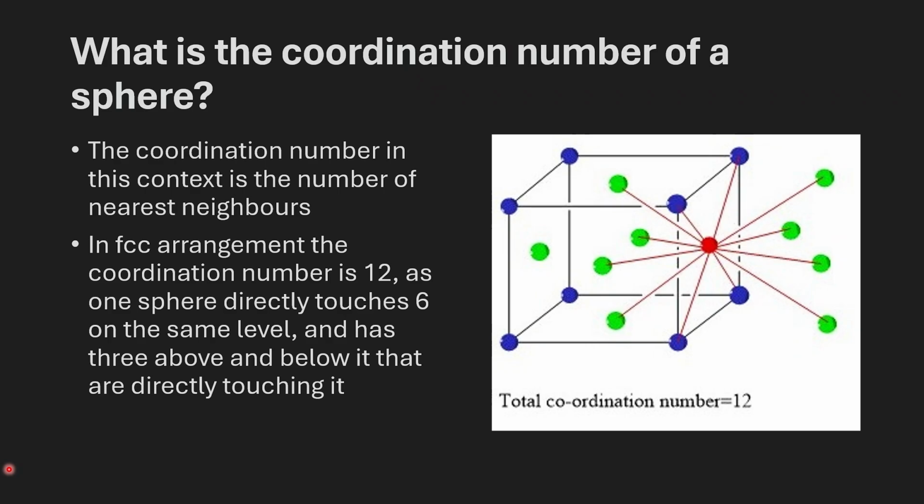So what is the coordination number of a sphere? The coordination number in this context is just the number of nearest neighbors. In a face-centered cubic arrangement, the coordination number is 12. We can define it either the geometric way, where there are 6 on the same level around it, 3 above and 3 below, or in the cubic arrangement that we have here, where we define it as a unit cell.